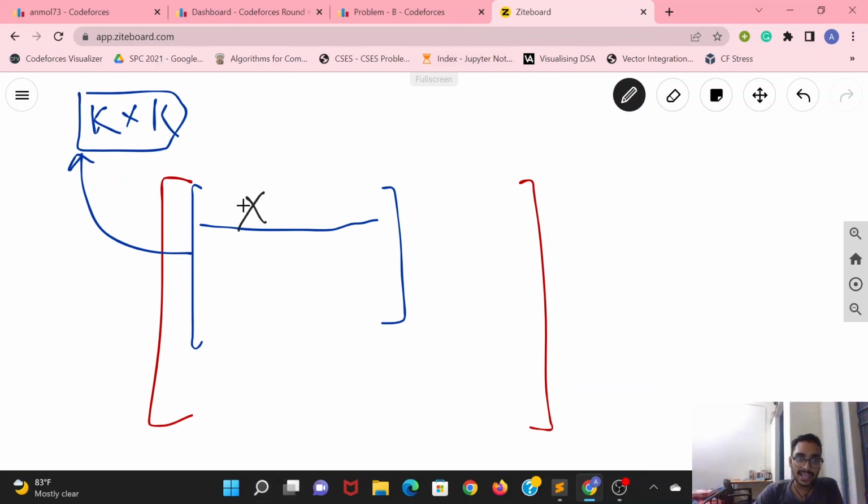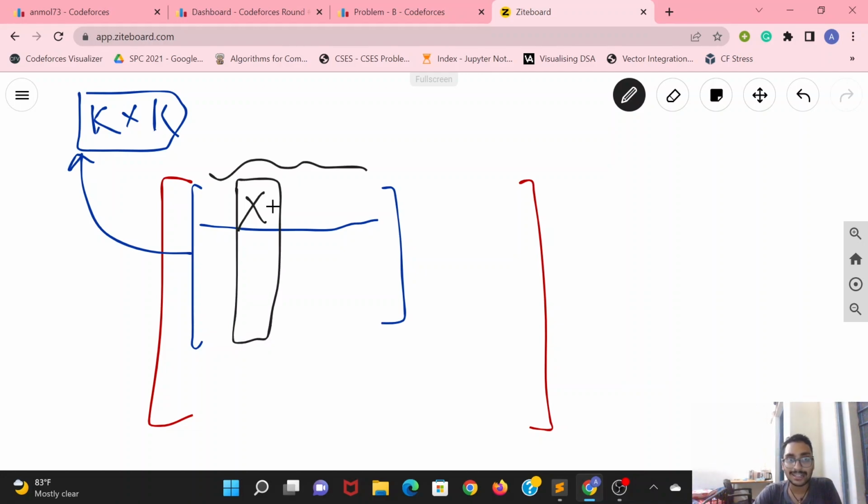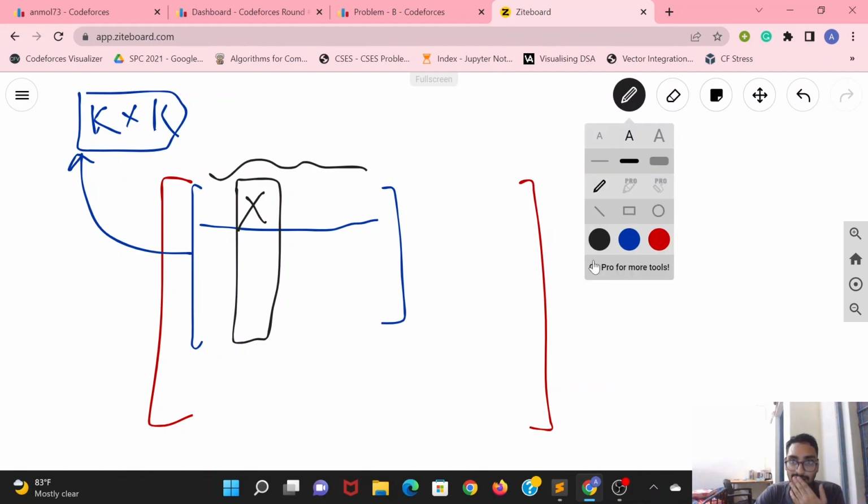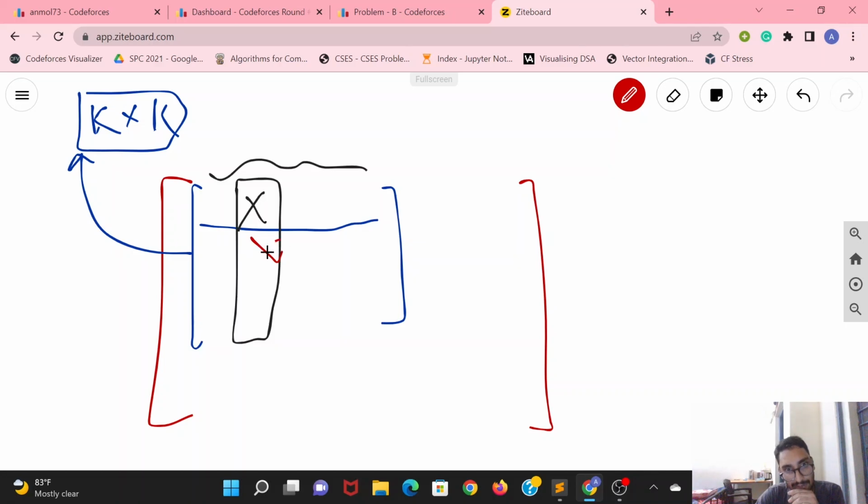You observe that this x has not only covered this row, but it has also covered this column in this matrix. Now, if I take this column in the matrix, that also has one x in it. So that is also 1 by k, and that also has one x in it. So if I put one x, it's covering one row and one column both. Okay, now we are supposed to do this for the second row. Now, either we can put the second x here itself, or we can put it some other place.